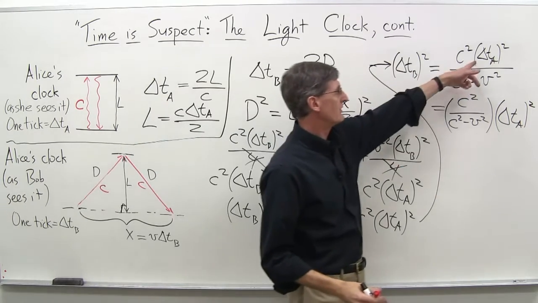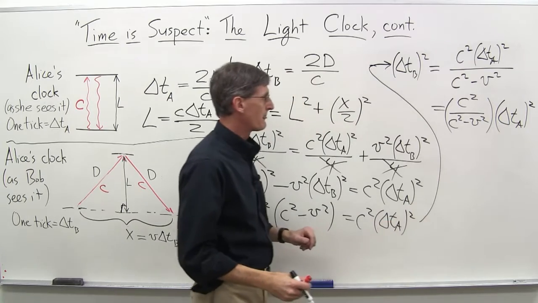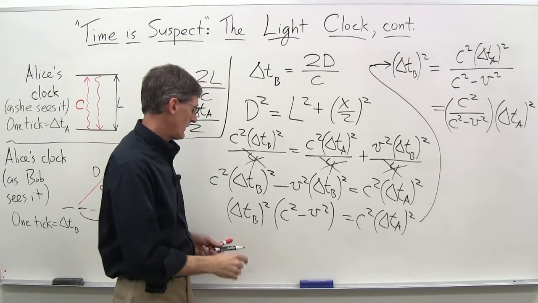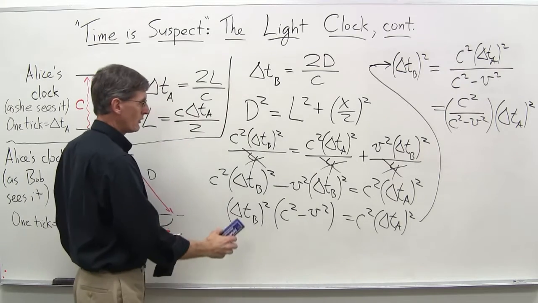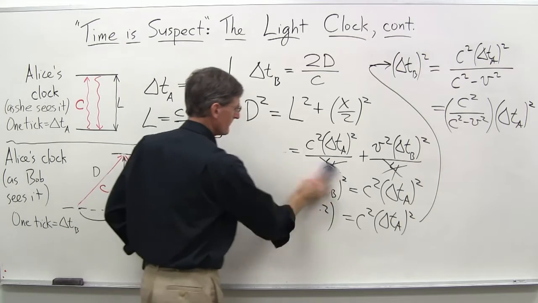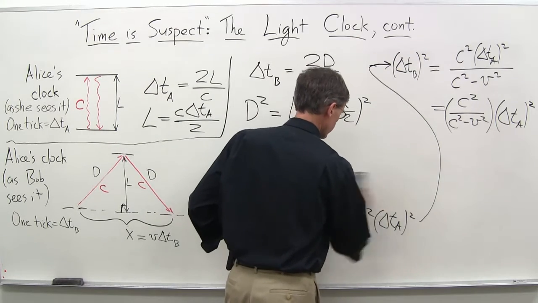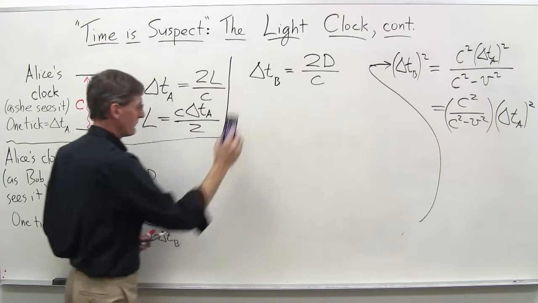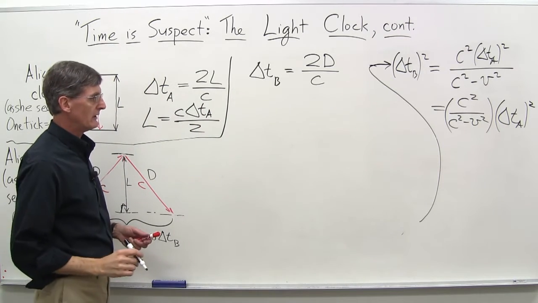I really didn't do much of anything there. I just moved the delta TA squared out here. So we can focus on the c squared over c squared minus v squared. And now let's bring it back to the center of the board. So done all these manipulations here. We don't need this anymore either. We'll leave up our original delta TB there.